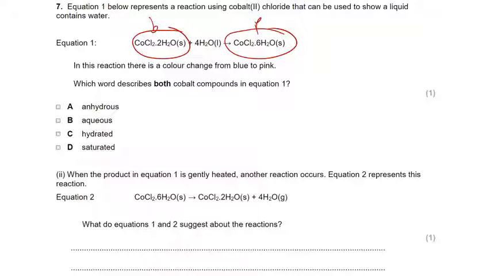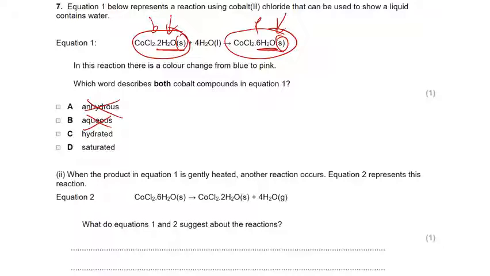So anhydrous, so both of these contain water of crystallization. So it's not going to be anhydrous. What about aqueous? Let's look at the state symbol next to it. No, they're both solid, so they're not aqueous, so we can cross that off. What about hydrated? They both have water molecules present, they both have water of crystallization, so yeah, could be hydrated. And what about saturated?